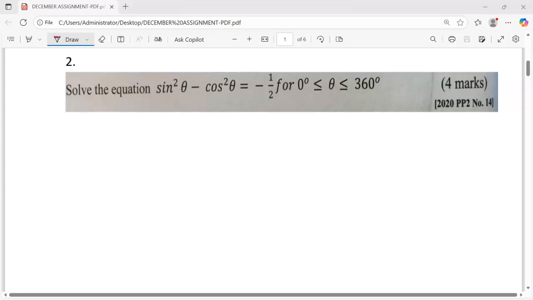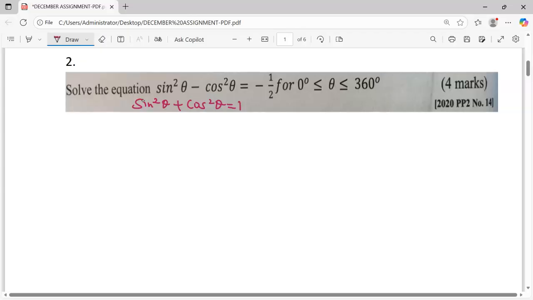first identity in trigonometry, which states that if you take the sine squared of theta plus the cos squared of theta, this will give us 1.